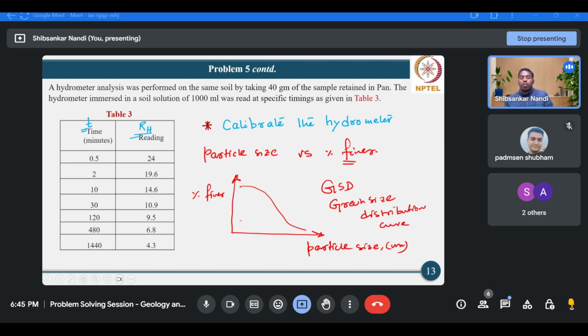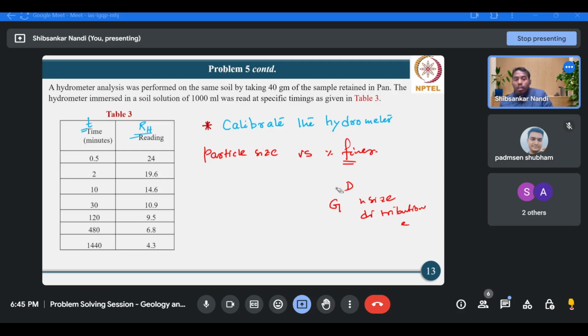This type of plot is known as the grain size distribution curve, and it is very essential for classifying a given soil sample, or to calculate the percentage of these fractions. That is, how much sand is present inside the soil sample, how much coarser sand or silt is present, how much clay fraction is present.